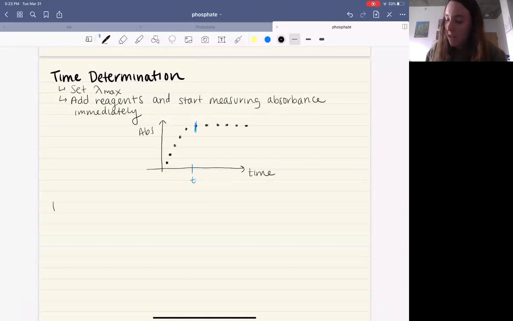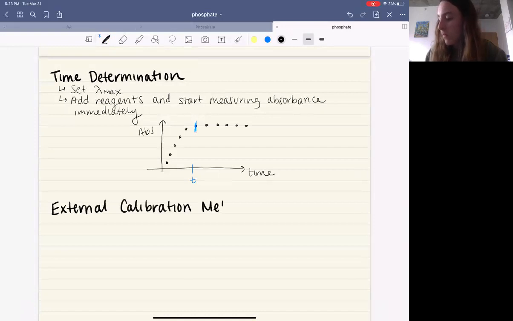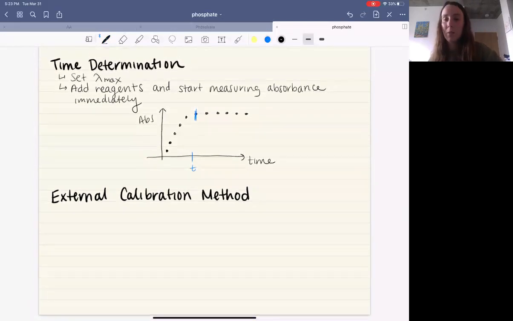Okay, once again, we're doing an external calibration method for this experiment. But we are expanding on it just a little bit this time by making what's called a working curve.